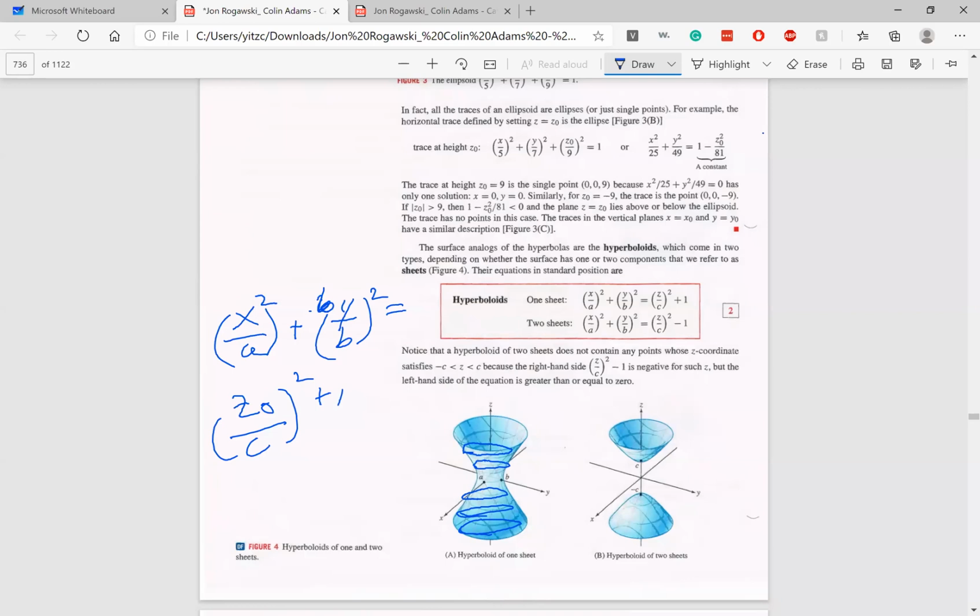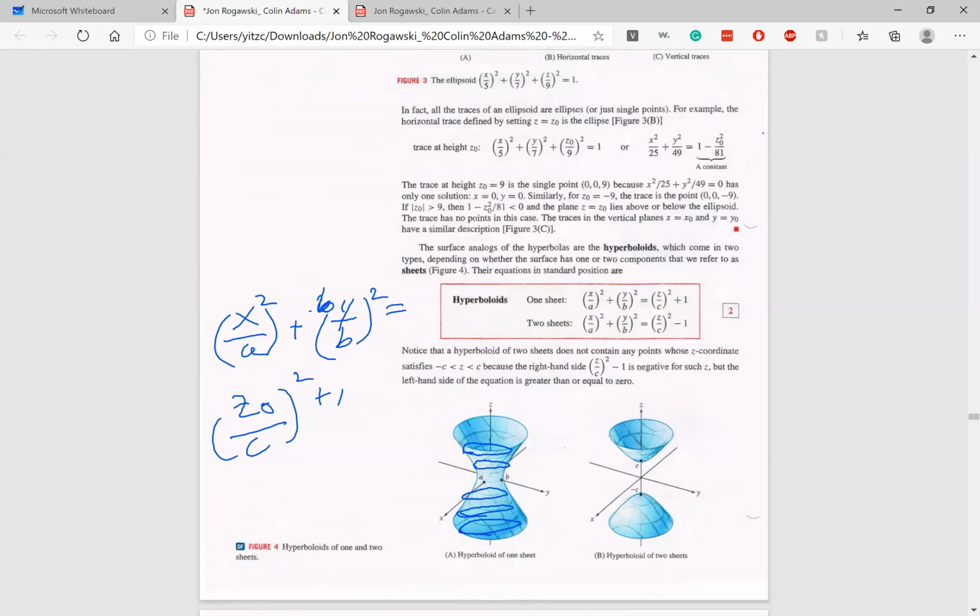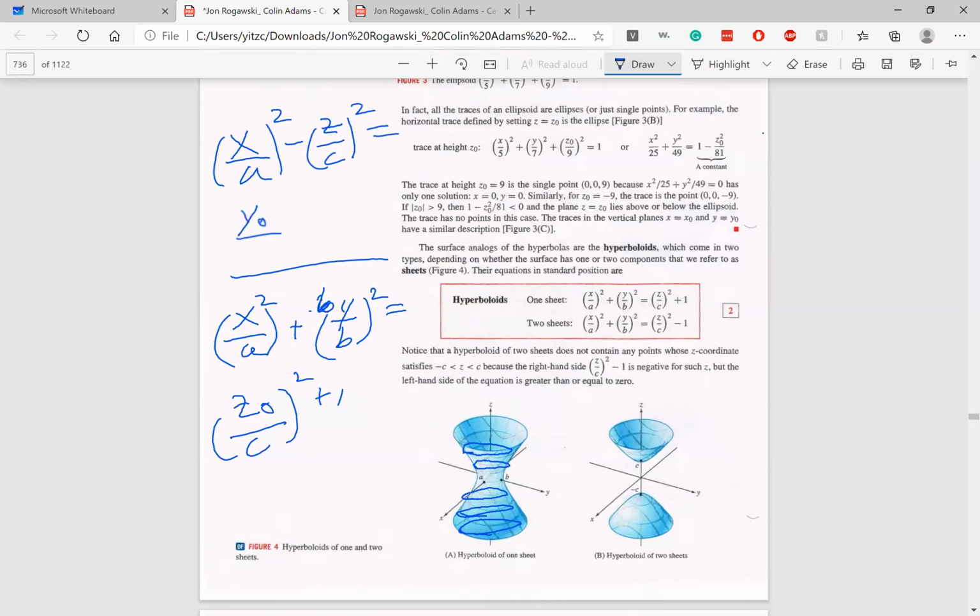Now, the only real interesting thing happens when z is not the constant, when one of these is the constant. So let's just do the one for y. If y is the constant, then we're going to get x over a squared minus z over c squared is equal to y naught over b squared plus 1.